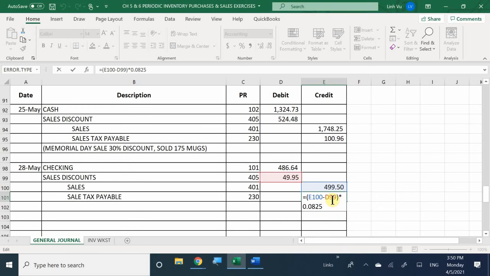You definitely equal round it if you want to. Go ahead and round it so I can practice it. We go equal round, parentheses, and then it was the 499.50 minus $49.95, right?